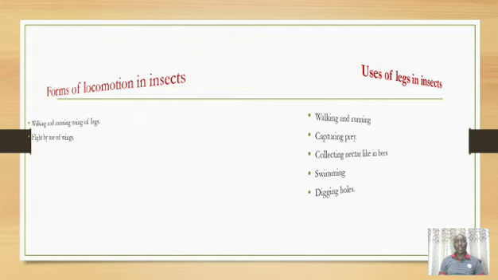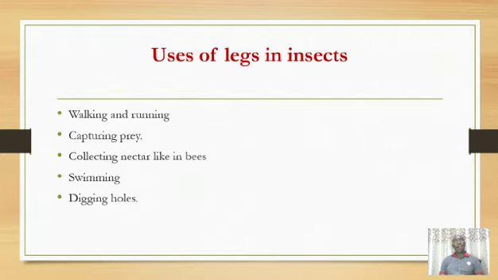We move forward and we see, apart from locomotion, what could be the other functions of the legs in insects? Because we've said legs are used for walking and running. That is locomotion. So apart from locomotion, what could be the other functions of legs in insects? They are used to capture prey. These insects look for what to feed.